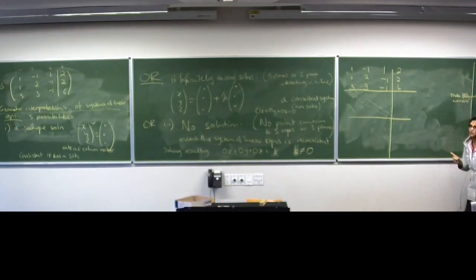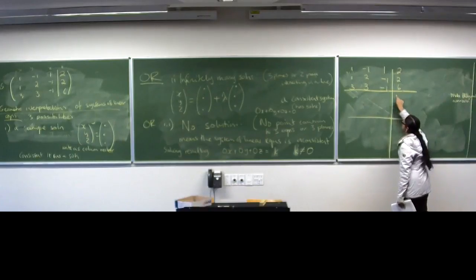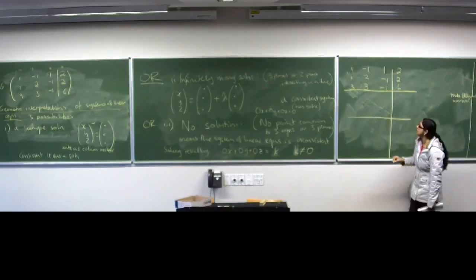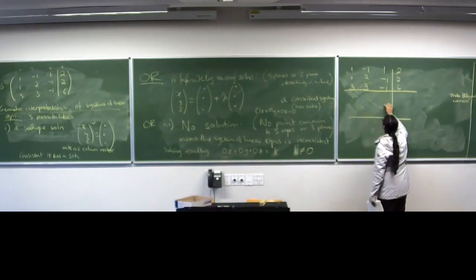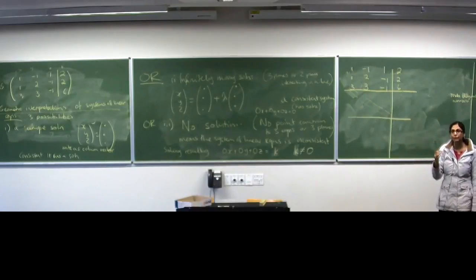That's our aim, because then we can say x is equal to something, y is equal to something, and z is equal to something, and make everything else zeros. That's the aim. But to do that, we have to follow operations.